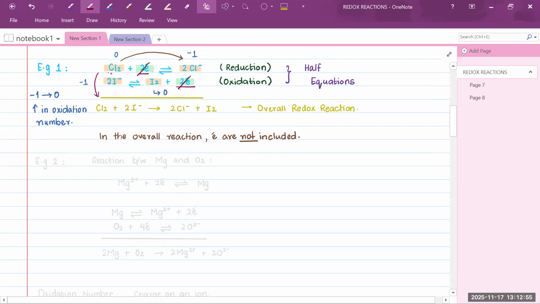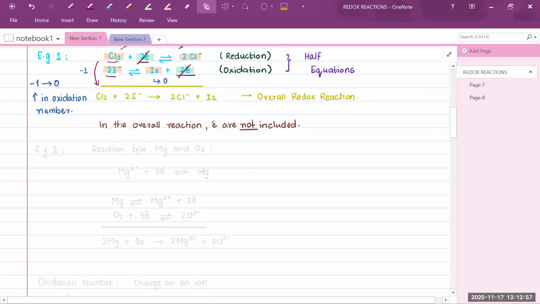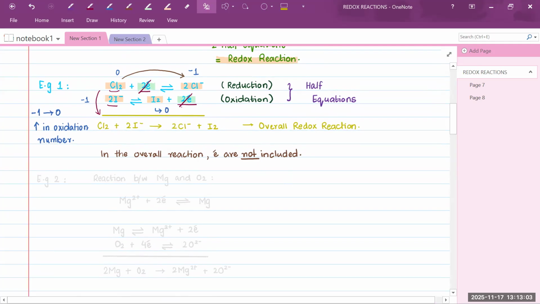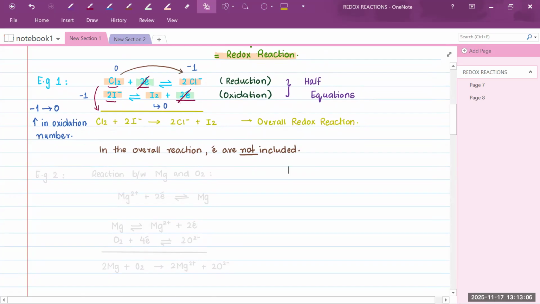Then we'll have Cl2 and 2I minus on the reactant side, and iodine and chloride on the product side. And we can also see that this one is going from 0 to -1, and this one is going from -1 to 0. One reaction is oxidation and the other is reduction.